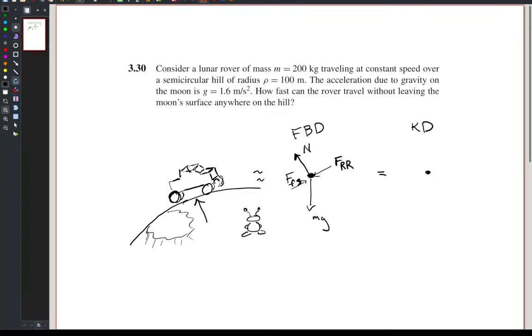But if direction changes, we're technically accelerating. 1.6 meters per second squared down. Yeah, we could say theta dot is constant or speed is constant, because they should be the same.